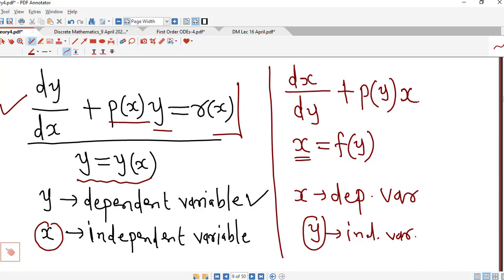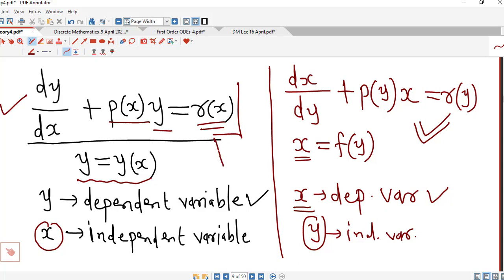Instead of y, here I write x, and r(x) will be replaced by some function of y. So this is the linear differential equation if x is a function of y, or if x is the dependent variable and y is the independent variable.